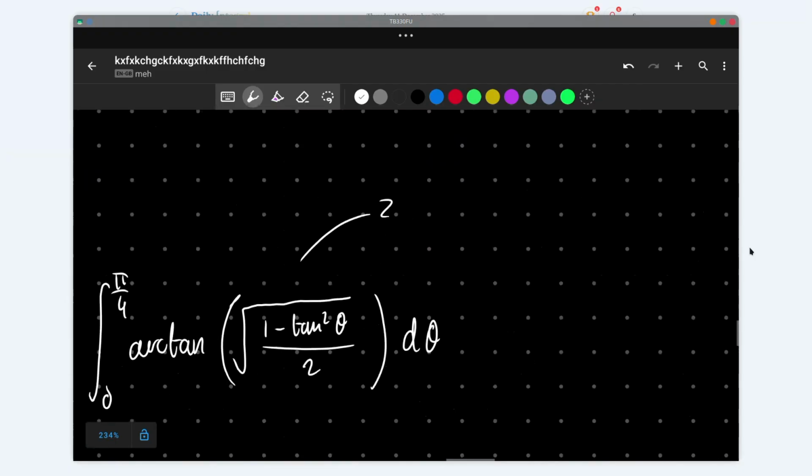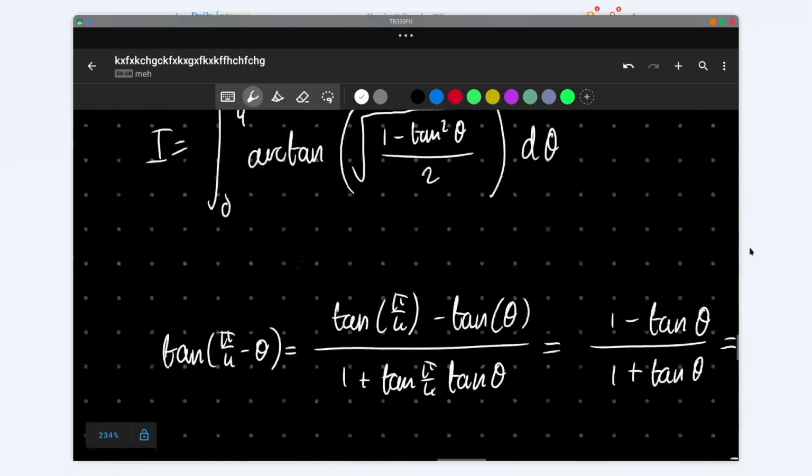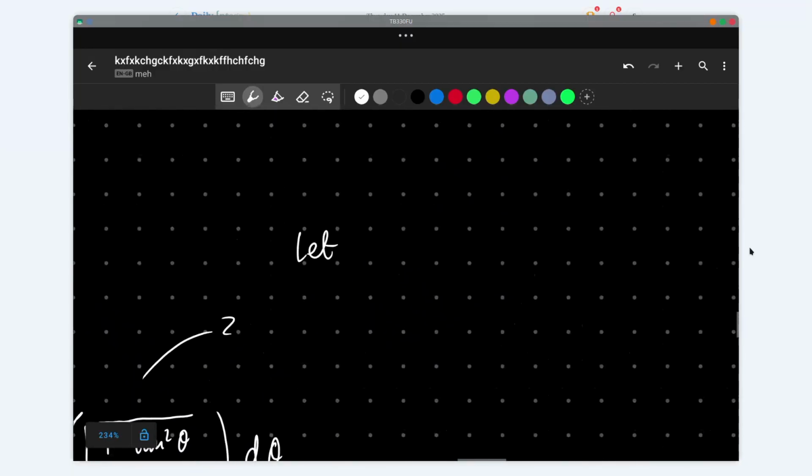We're going to transform the integral. Theta is going to have a phase shift to pi over 4 minus theta.